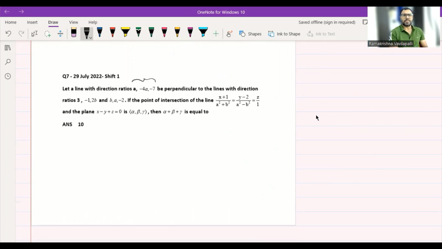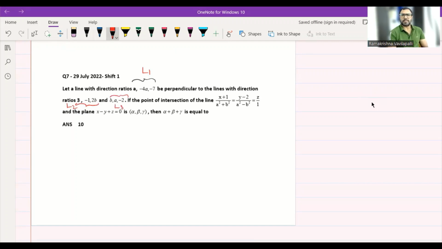If the point of intersection of this line and the plane is alpha, beta, gamma, then they are asking what is alpha plus beta plus gamma. So these are the DRS of line 1, these are the DRS of line 2, and these are the DRS of line 3.